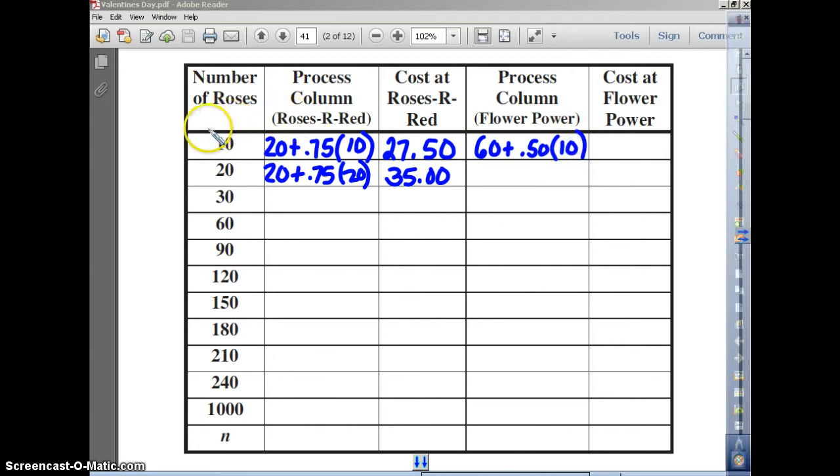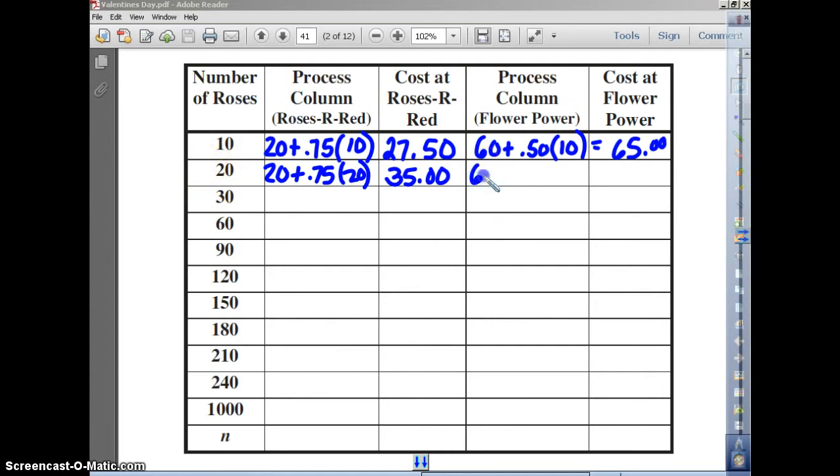And we're going to buy 10 flowers here. So if you take 50 cents and multiply by 10, you've got $5. $5 added onto 60 is $65.